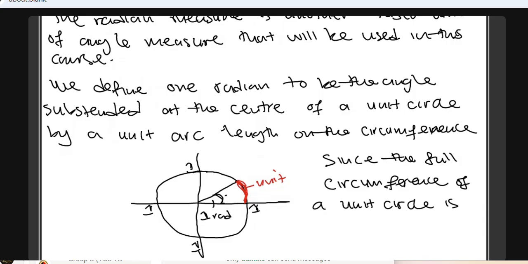The perimeter of the circle is 2 pi r, right? But here r is 1, so it will just be 2 pi units.